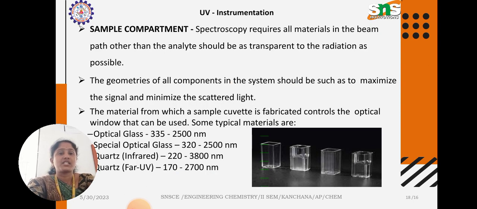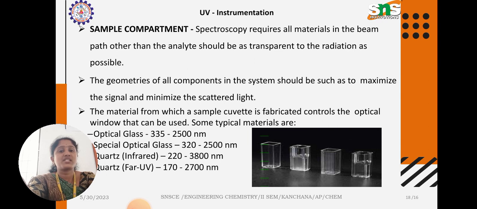Sample compartment. Spectroscopy requires that all materials in the beam path other than the analyte should be as transparent to the radiation as possible. The geometries of all components in the system should be such as to maximize the signal and minimize the scattered light. The material from which a sample cuvette is fabricated controls the optical window that can be used.